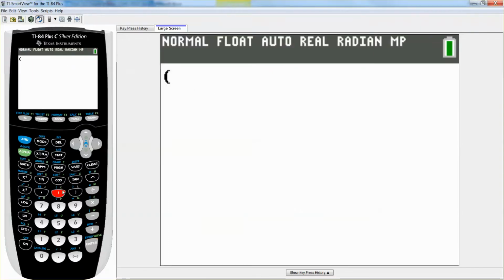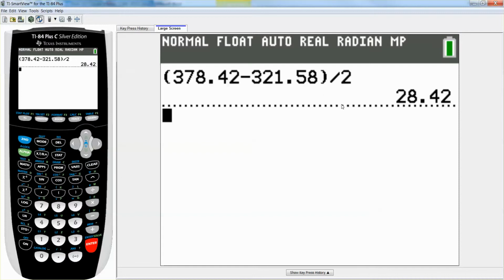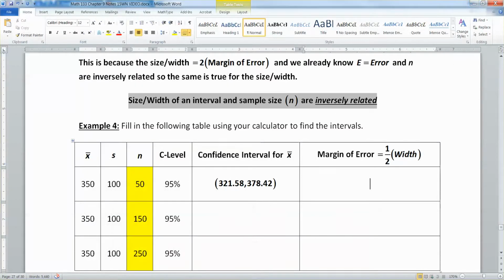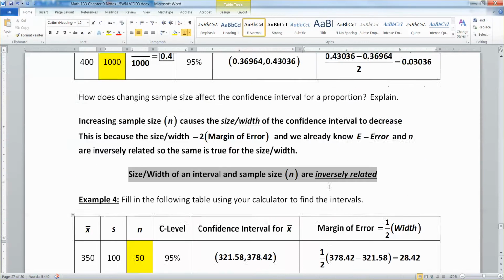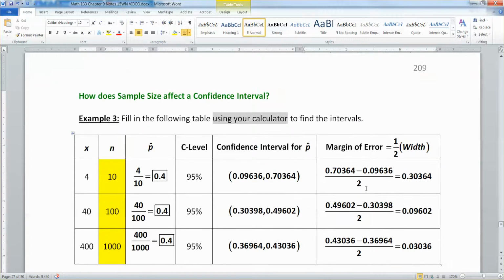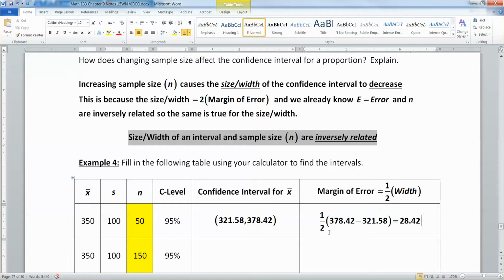I'll take parentheses 378.42 minus 321.58, close parentheses, divided by 2. And that'd be 28.42. You can write it either as a big fraction bar with a 2 underneath it, or you could subtract then divide by 2, or you can just say a half and put the parentheses around the subtraction.